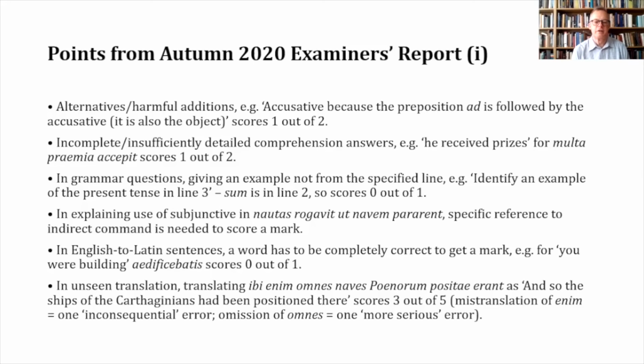In the English to Latin sentences, a word has to be completely correct to get a mark. For "you were building", aedificabatis instead of aedificabatis, would get 0 out of 1. Again, I have a slight hesitation there because certainly in the time I was doing this in Greek, my colleague who was chief examiner in Latin would always operate a sort of unofficial half-mark policy.